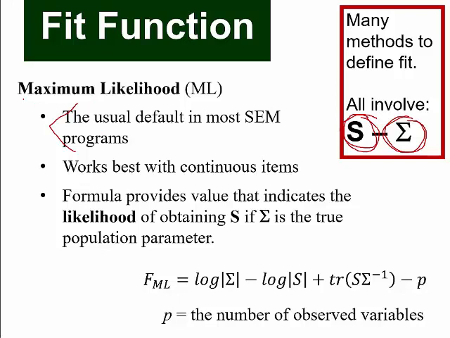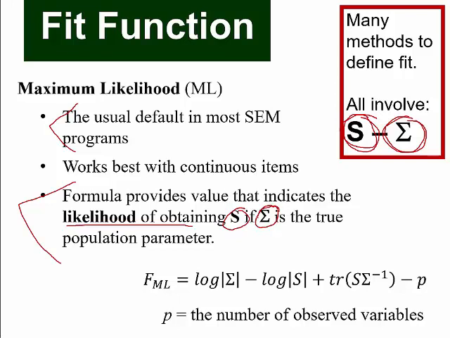As we talked about before, maximum likelihood is a formula, and when we plug it in, it's going to give us a value that indicates the likelihood of obtaining the actual sample variance-covariance matrix that we got. What's the likelihood that we would get that if sigma, our reconstructed matrix, is actually giving us the true population parameters?